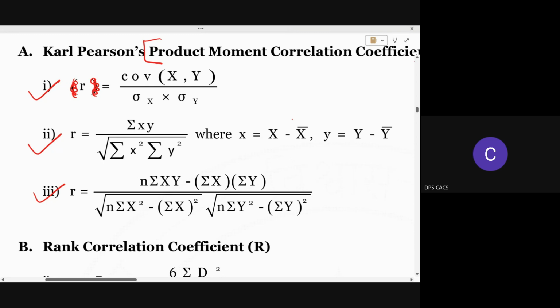We'll write the formula on the board. In every chapter, learn the formula by heart. Without the formula, nothing can be done in statistics.